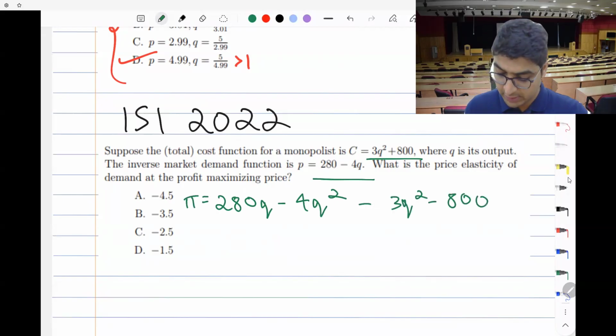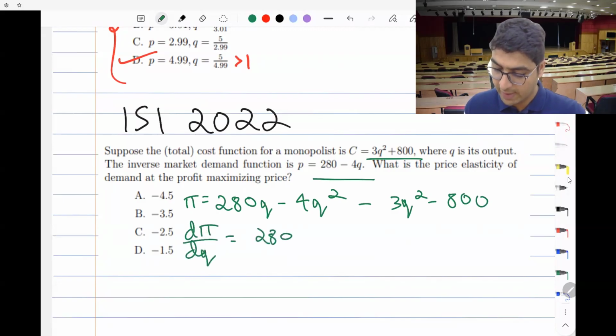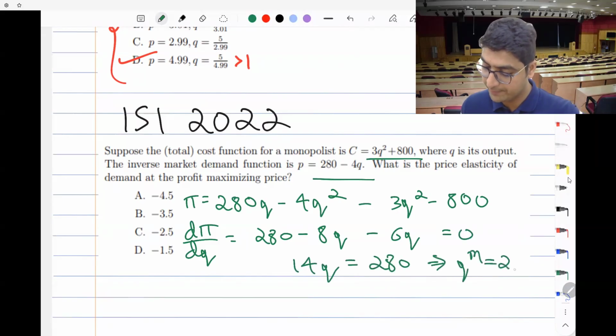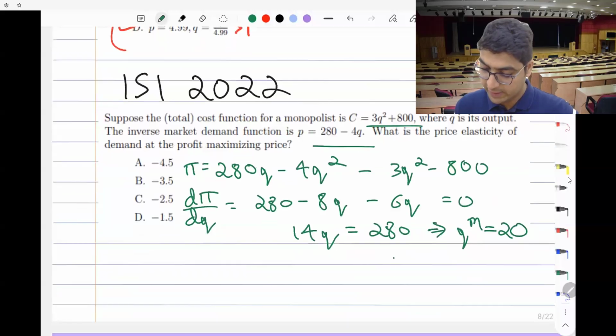We have subtracted the cost. D pi by dq is 280 minus 8Q minus 6Q will equal to 0. 14Q equal to 280. So that gives us QM equal to 20. That gives us PM equal to 200.